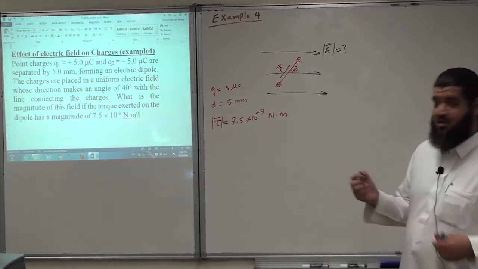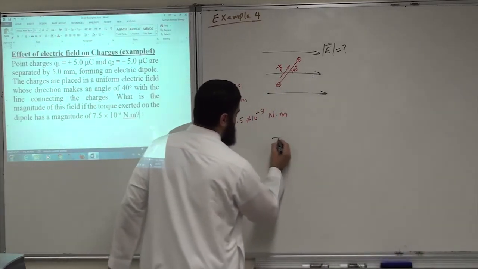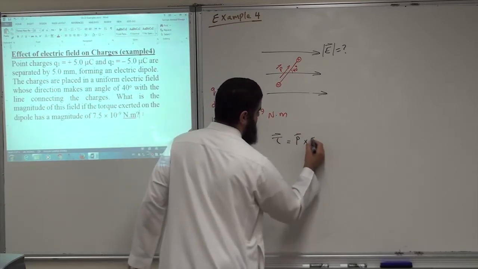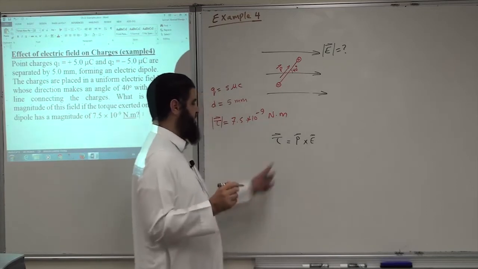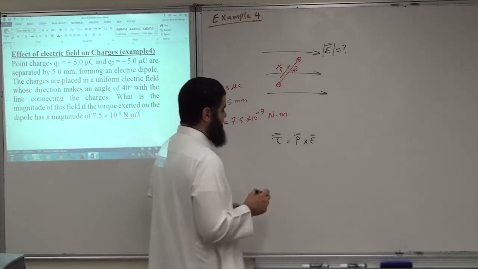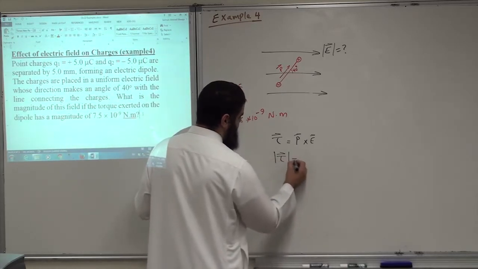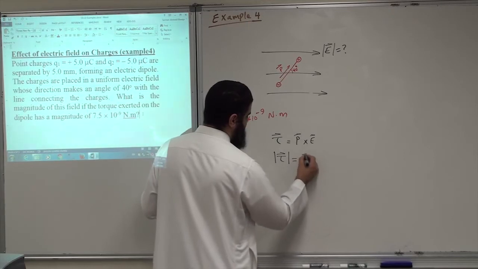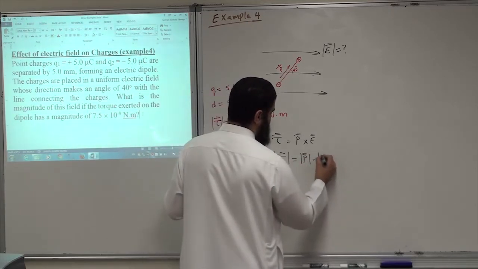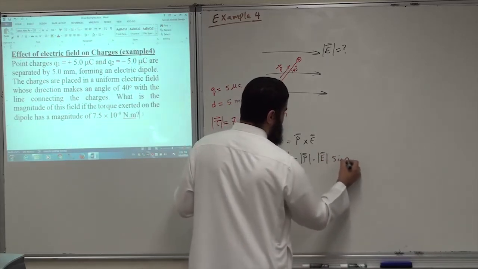The formula we derived earlier for the torque equals P cross E, the cross product between the dipole moment and the electric field. So if we would like to find the magnitude of this torque, it equals the magnitude of the dipole moment multiplied by the magnitude of the electric field multiplied by sine of the angle between them.